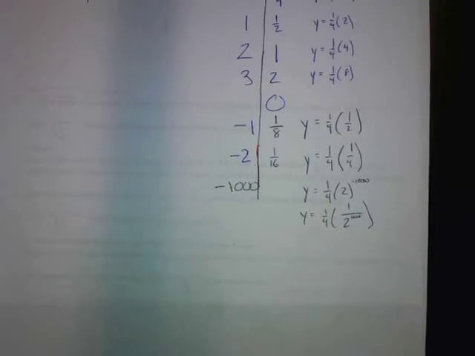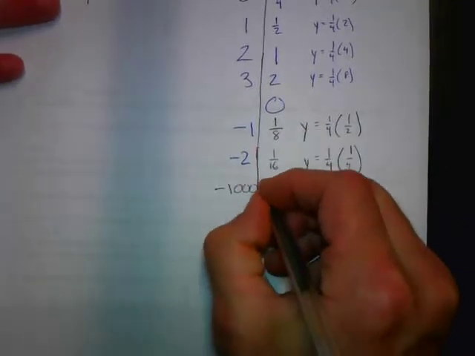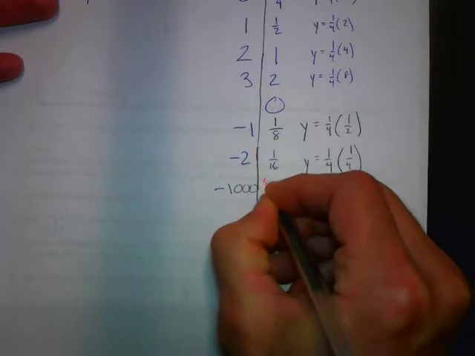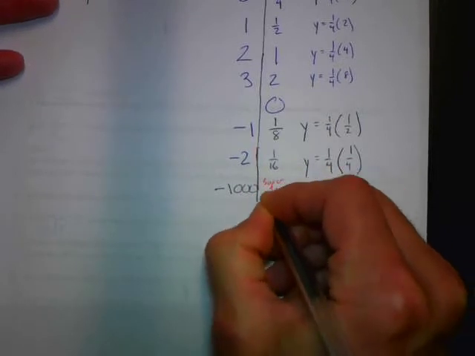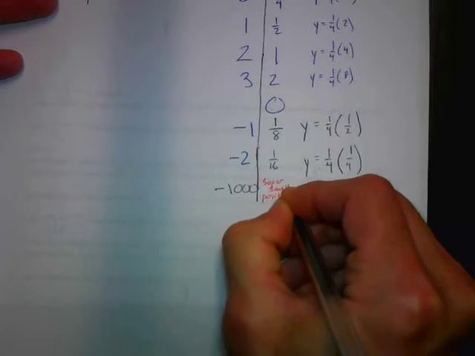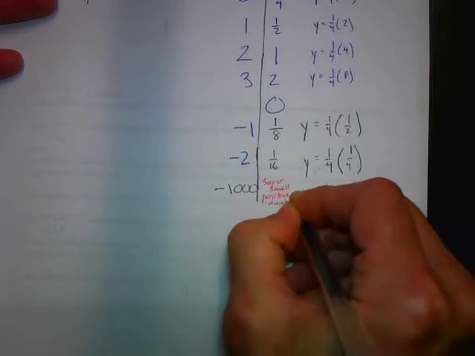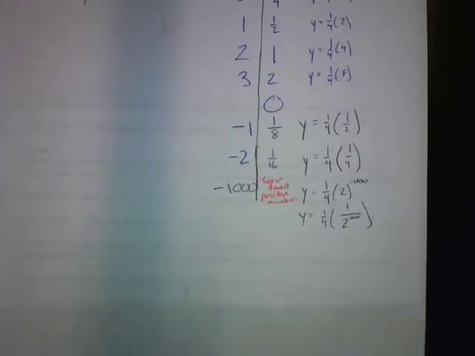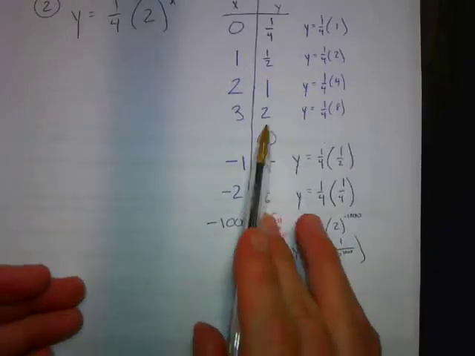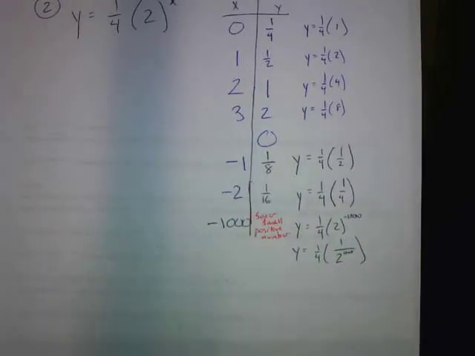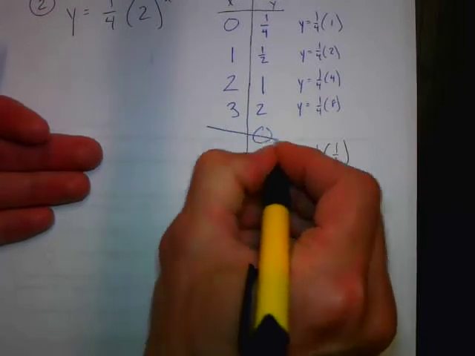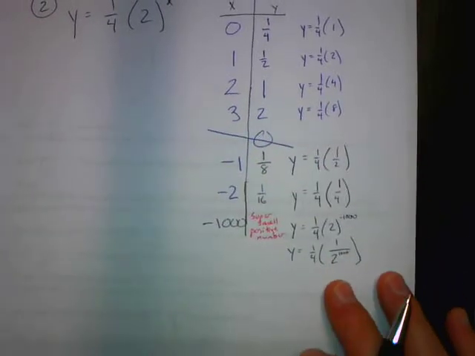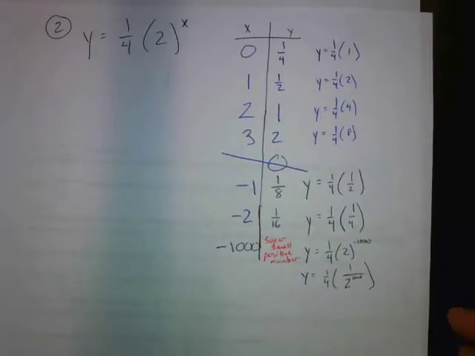That's just going to be a super small positive number. Still not a negative number. So you can clearly see that there's no possible way our y could be 0. In this case, there's no x that we can plug in that would give us a 0 for y.